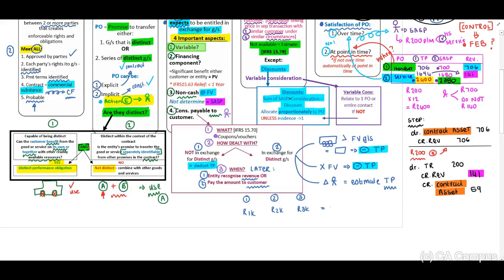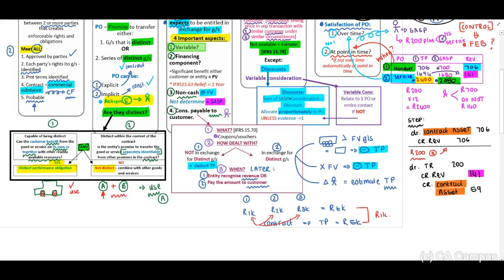This will be a total of 6,000. But our contract indicates to us that our transaction price, our consideration, equals 5,000. Now, that difference of 1,000, we will allocate proportionally to our performance obligations.